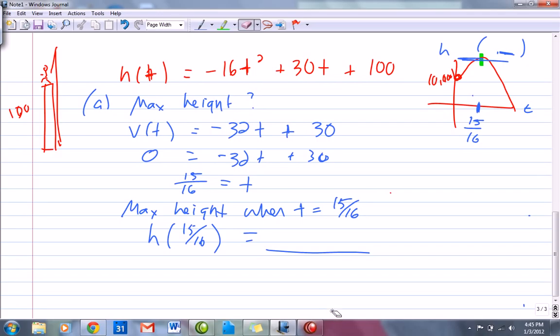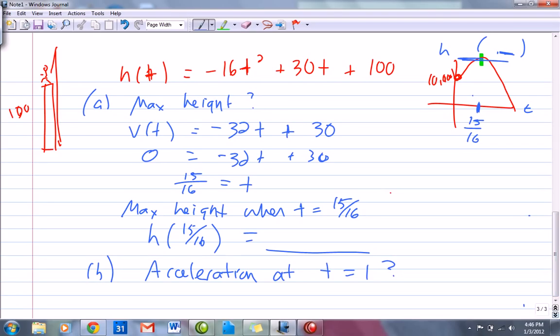Another idea we can consider is acceleration. So what does the acceleration look like? Again, the acceleration is the change of the velocity. Let's say, what's the acceleration of this book a little bit after it hits its maximum height, a little bit after 15/16 seconds, at 1 second.